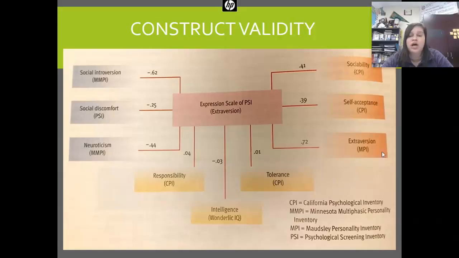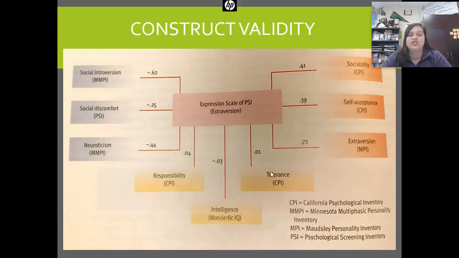These are all other personality and intelligence tests. So extraversion says you're very outgoing. This one says introversion, social discomfort, neuroticism, which is like you're anxious. These score very low. There's a negative correlation there, which is what we would expect. If we're expecting it to measure extroversion, then they should not correlate with that.